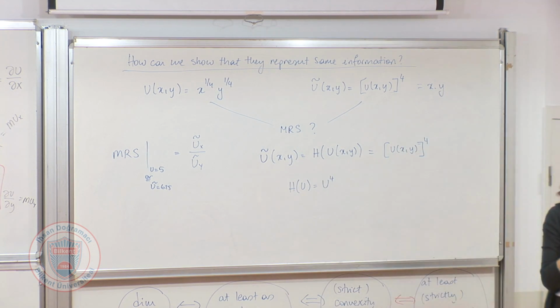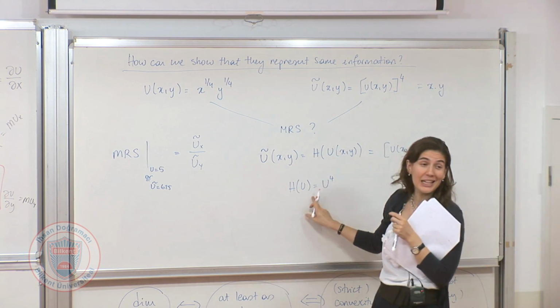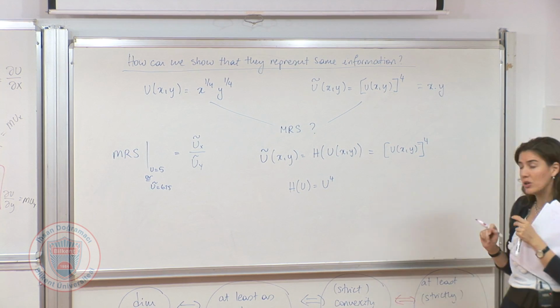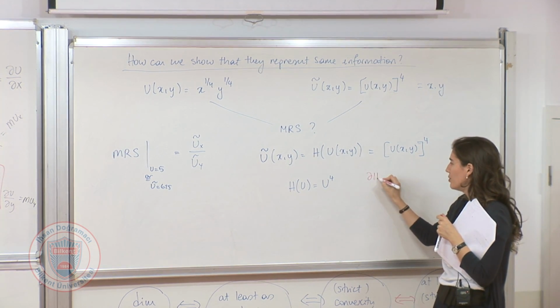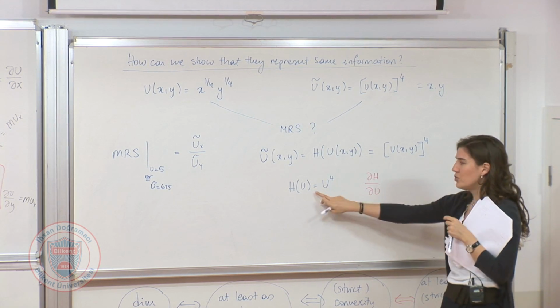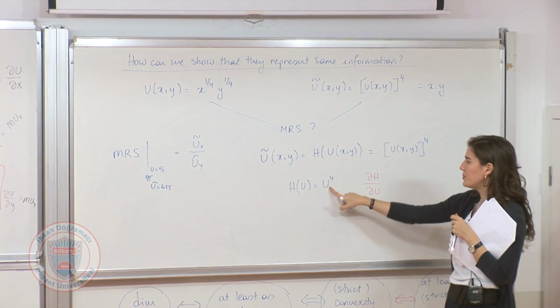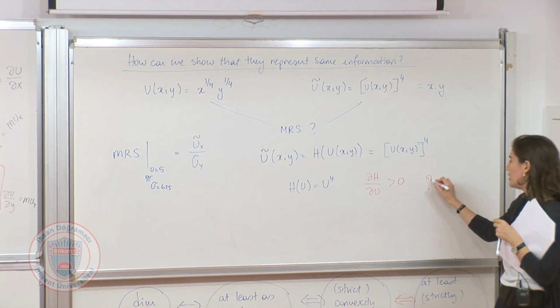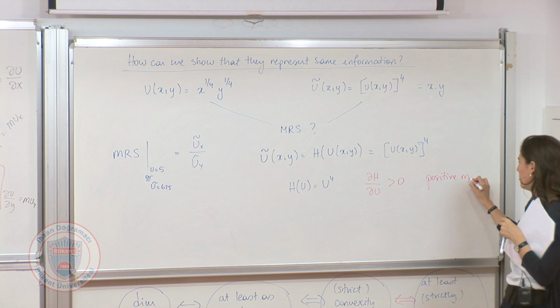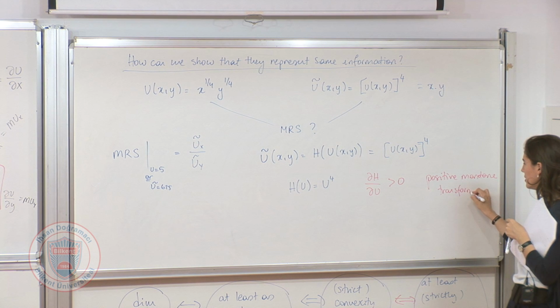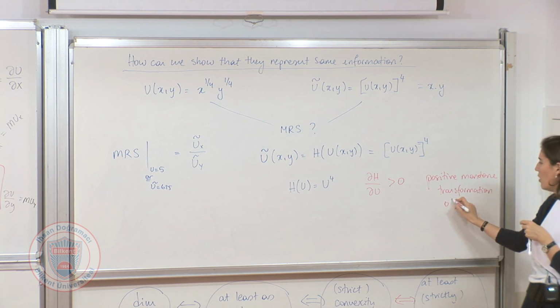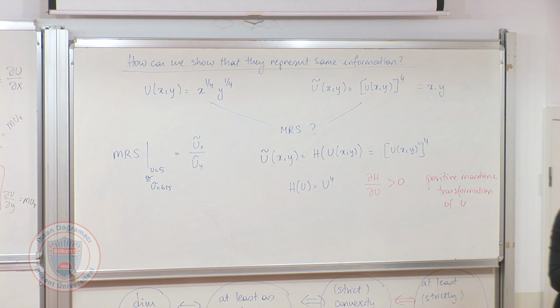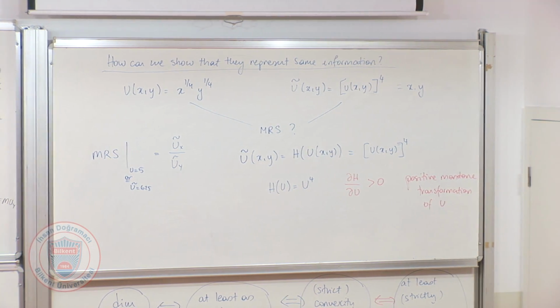This is the function with which we make the transformation. In order to show that it's a positive monotone transformation, you should check this h function's derivative with respect to u. If this is positive, then we call this a positive monotone transformation of u.